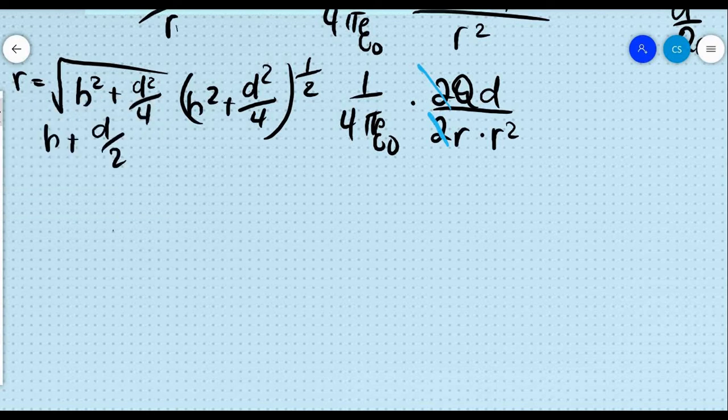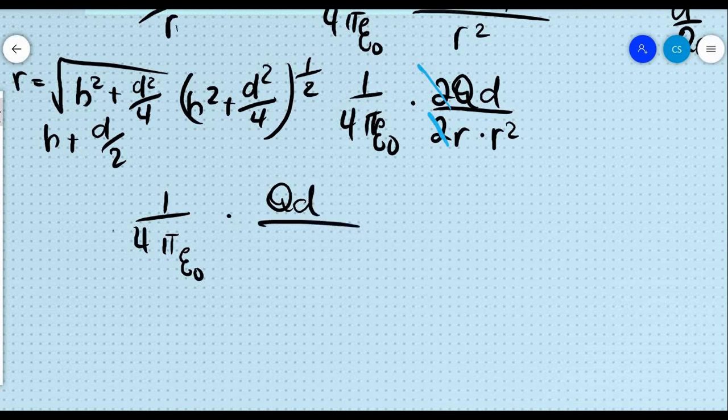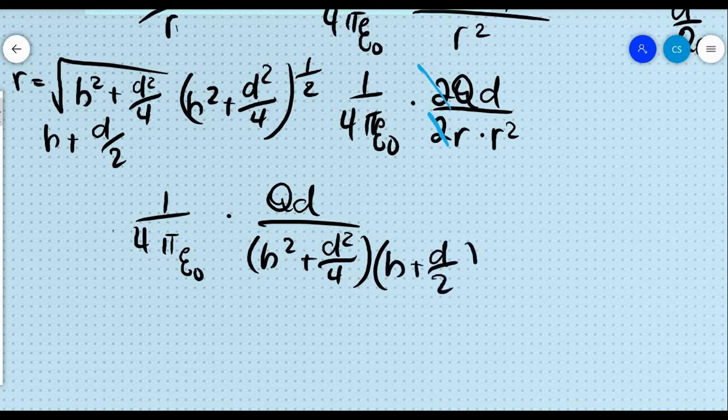So we're right here, and we know that r is equal to this right here. Okay, so let's say 1 over 4 pi epsilon naught times qd over r squared, which we found to be h squared plus d squared over 4, multiplied by r, which we found to be h plus d over 2.